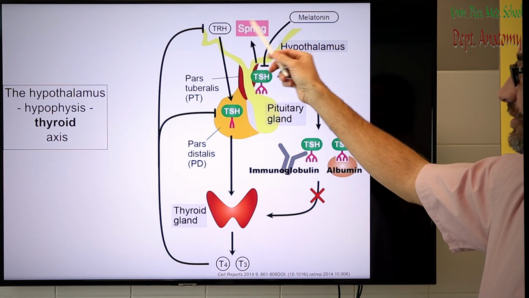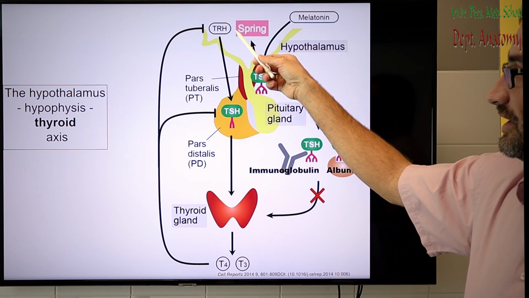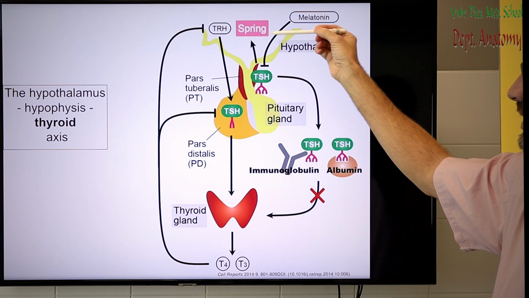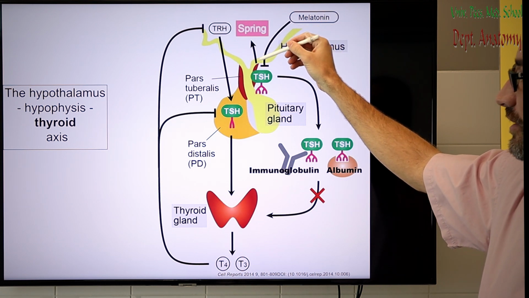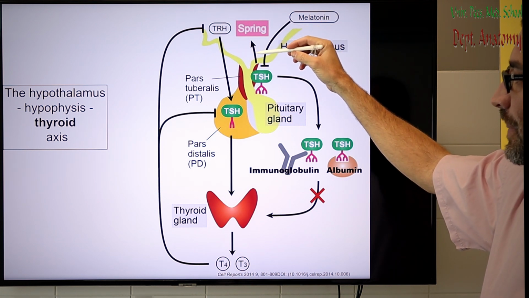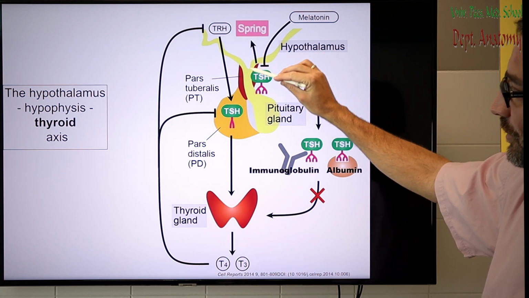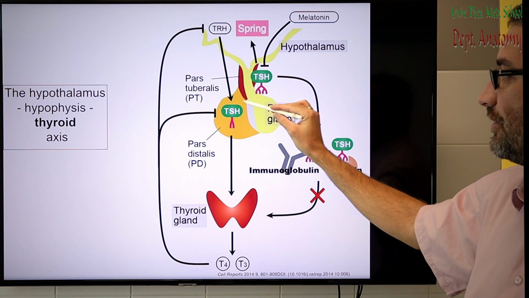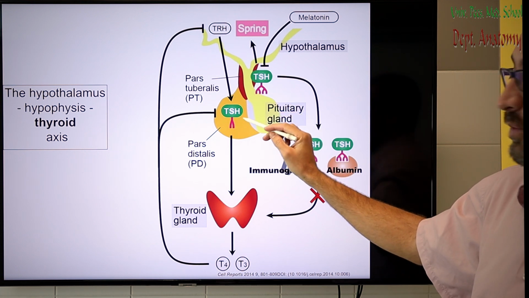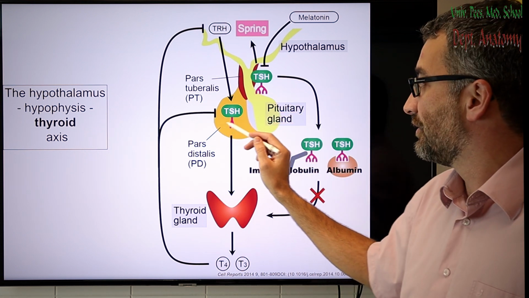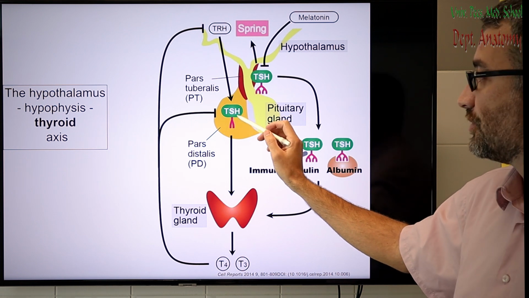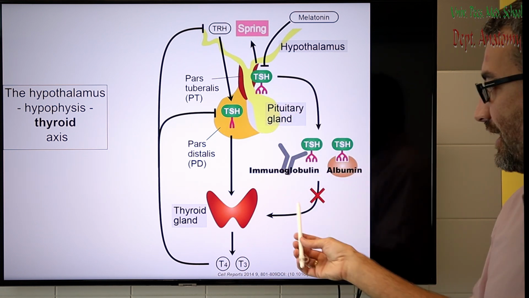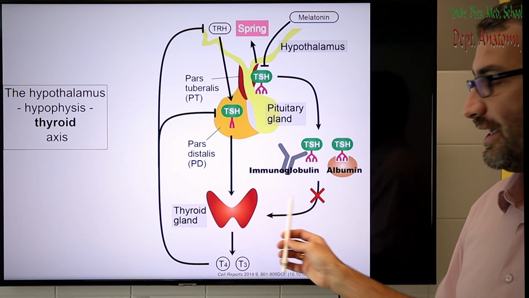From the hypothalamus, the TRH producing neurons will release their neurohormones in the median eminence, and through the portal circulation these factors will reach the anterior pituitary, where the thyrotroph cells will produce the TSH hormone, which then gets into the systemic circulation and then affects the thyroid gland itself.